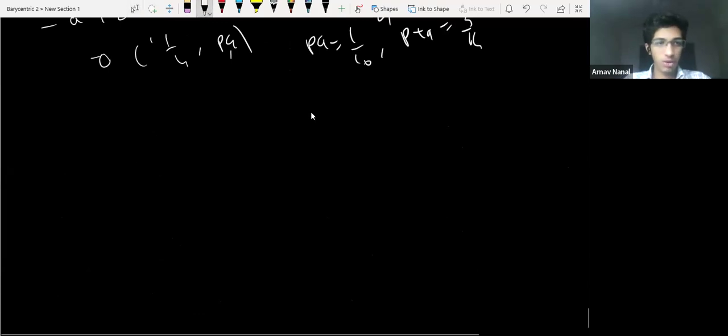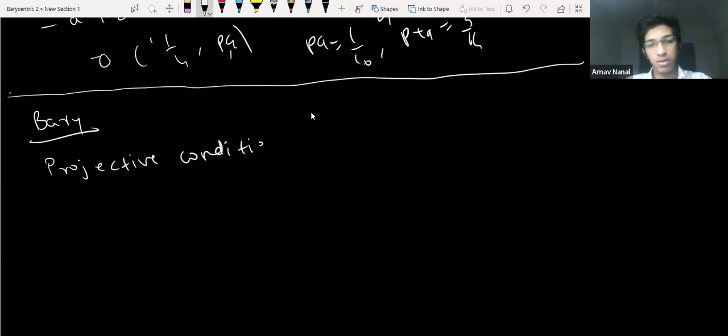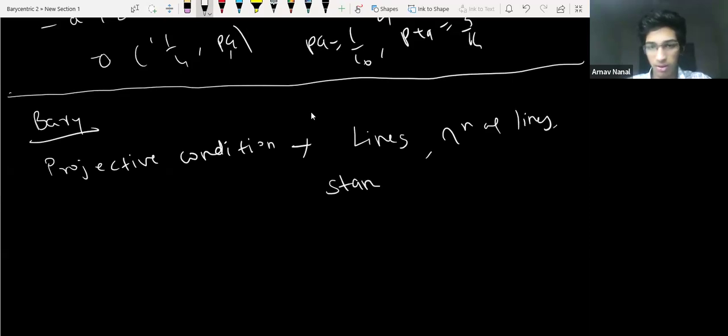Okay, so now one thing to understand is when Barry is useful. So personally, when do I like Barry? It's when conditions are projective. That means that you have lines, intersection of lines, you have standard points.